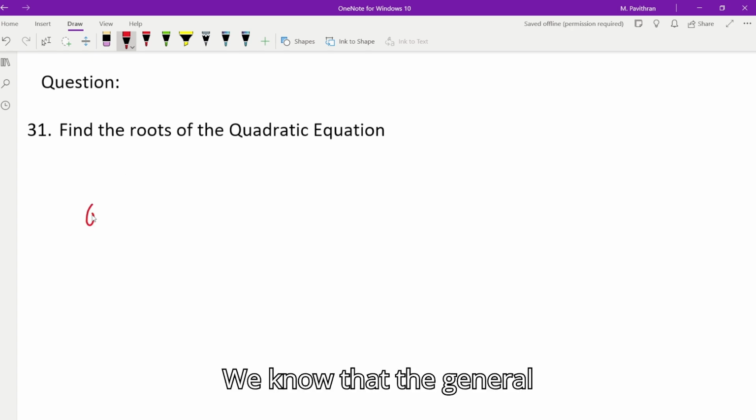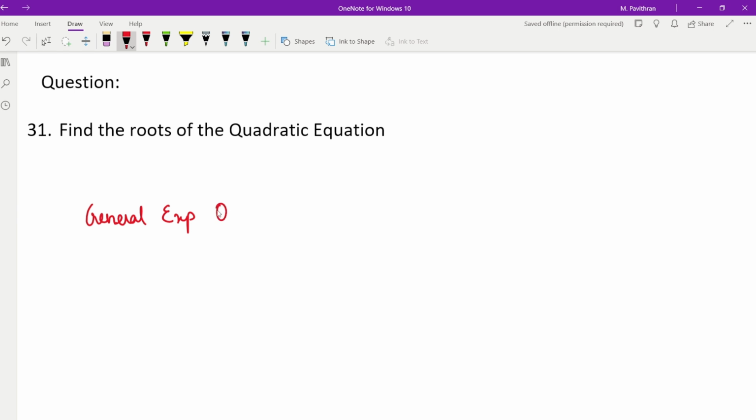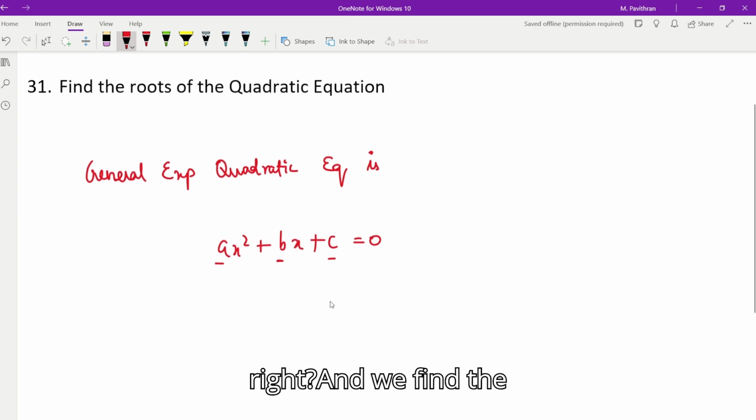We know that the general expression for a quadratic equation is ax square plus bx plus c equal to 0, where a is x square's coefficient, b is x's coefficient and c is constant, right?